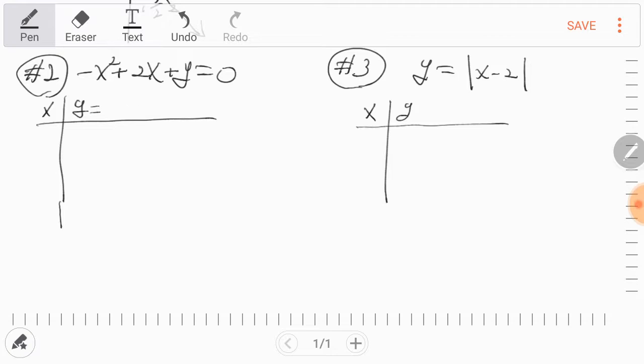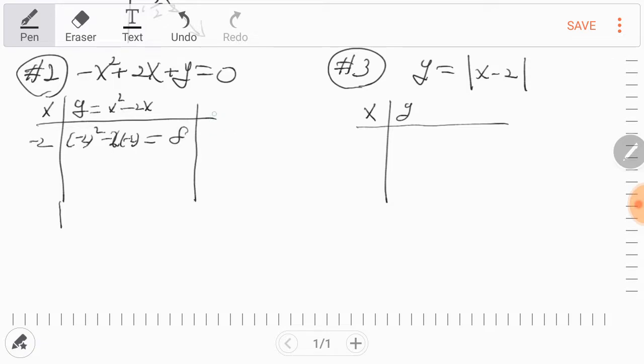rewrite the equation, then y is equal to x squared minus 2x. So from here, let's try some numbers starting from -2. If x equals -2, then y is -2 squared minus 2 times -2. Then this will be 4 plus 4, 8.